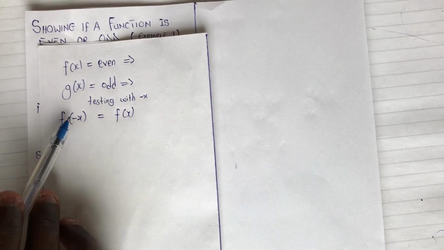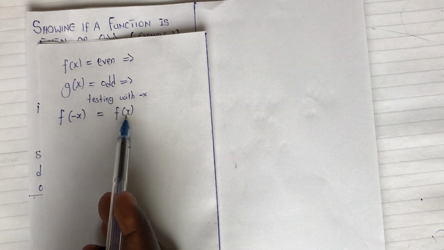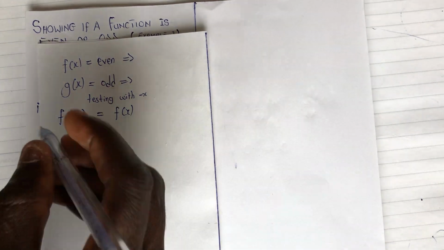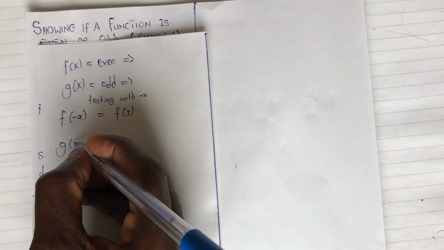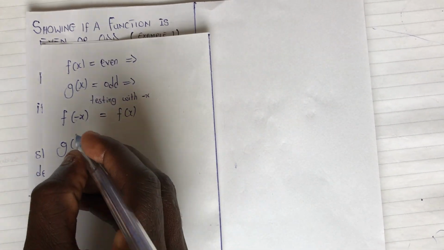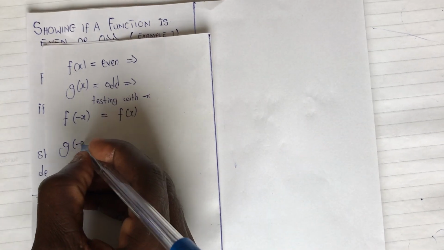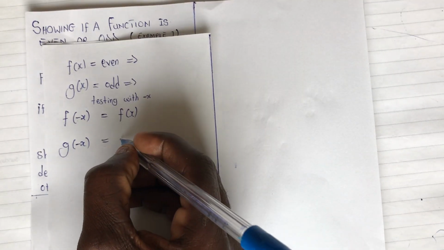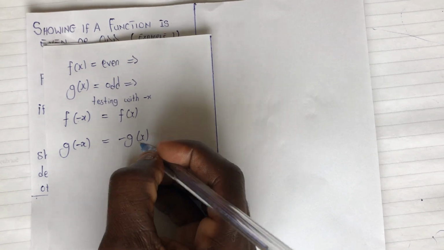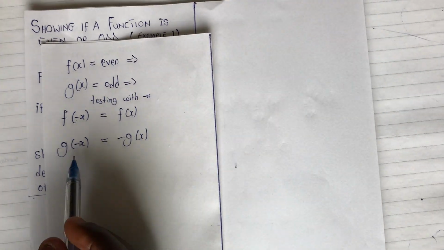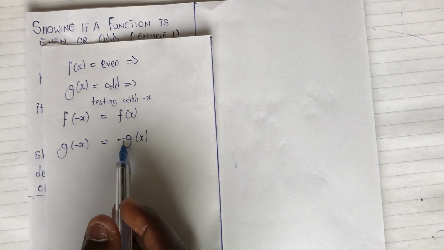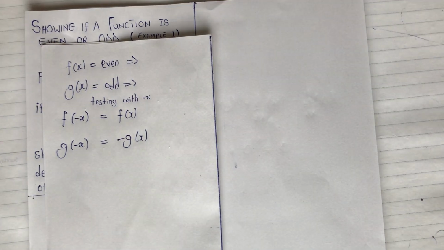This means that a negative input will produce a positive result. Then g of x is odd. So for odd functions, when I test with a negative x, g of negative x will give me minus g of x. So for odd functions, g of negative x will be equal to minus g of x.